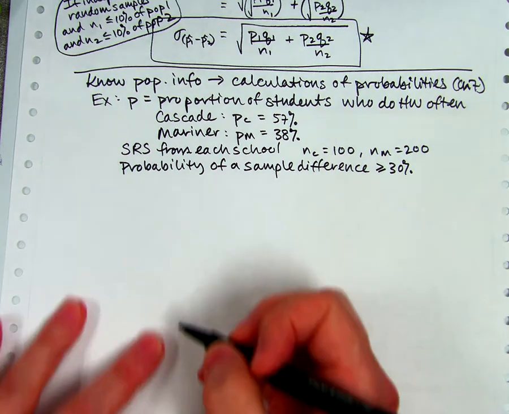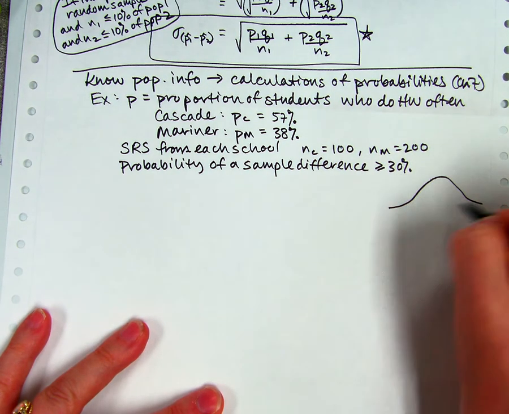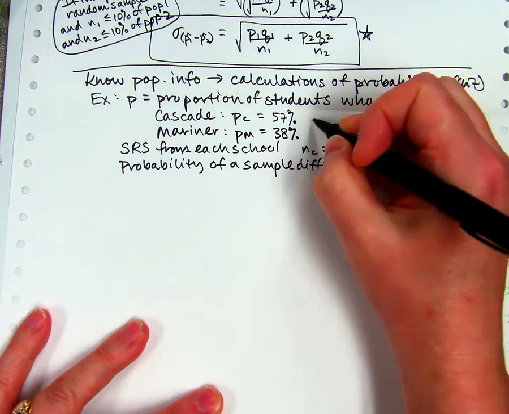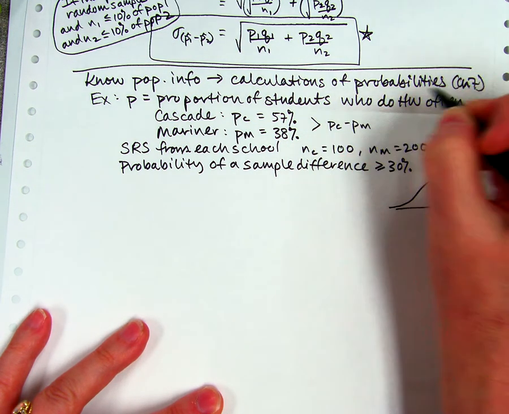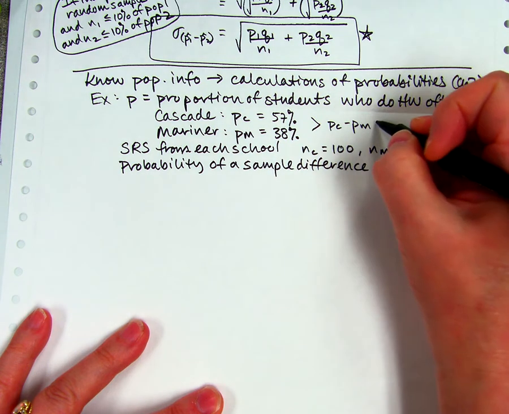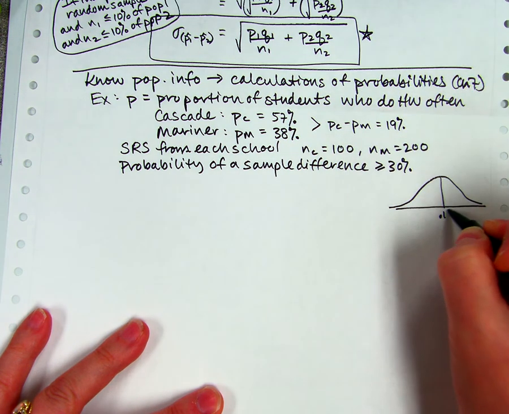So let's think about that for a minute. We've got our normal curve, picturing in our mind. The center is the difference between these. So if I do PC minus PM, that comes out to 19%, or 0.19. That's the center.